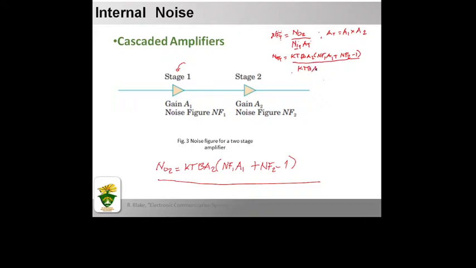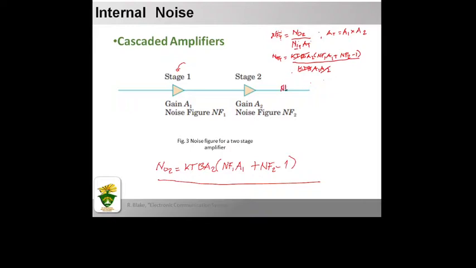So we have A1 and A2. So we are going to cancel the common terms. Do we have common terms here? KTB and A2.